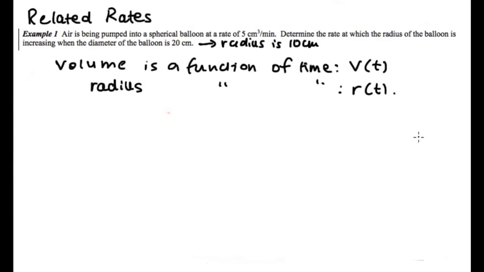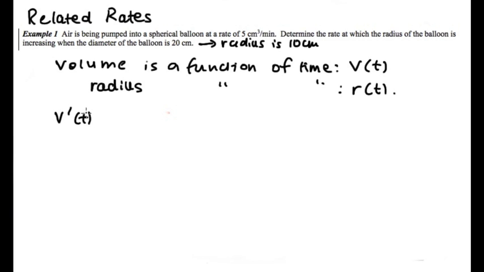So to calculate this, after you make these conclusions that volume is a function of time and radius is a function of time, now you need to ask yourself, what do we know and what do we need to find out? So we know V of t, we know r of t, so let's write that down. Well, we don't know V of t, but we know V prime of t, right?